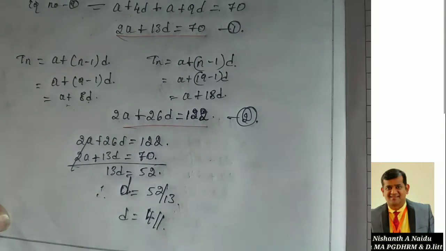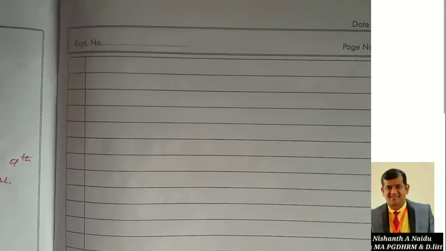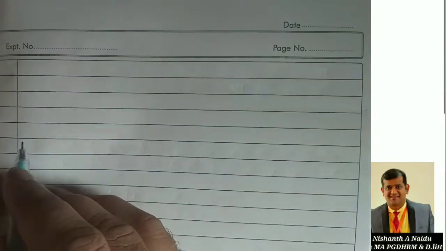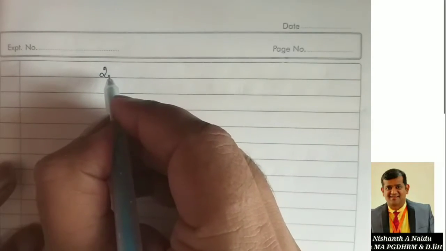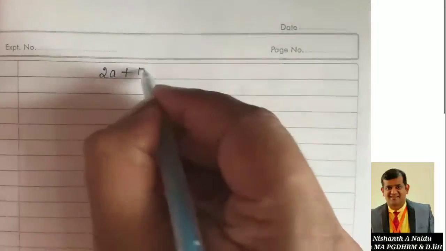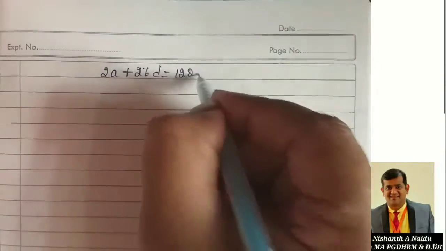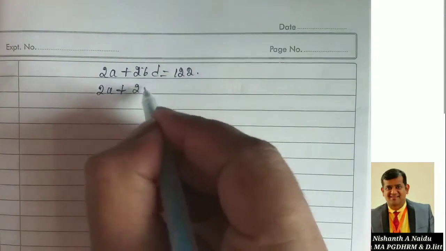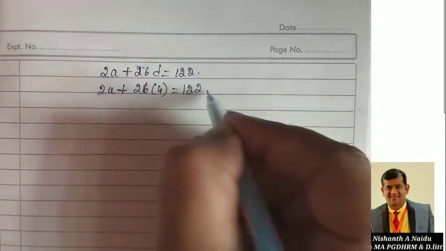d equals 4. Okay, so now let us find a. Since we know the d value now, we have to find a. So taking equation number 2, 2a plus 26d equals 122. So 2a plus 26 into d value 4 equals 122.